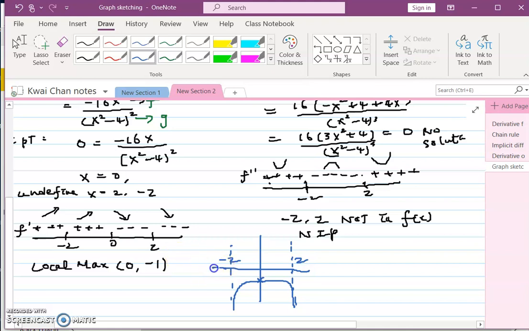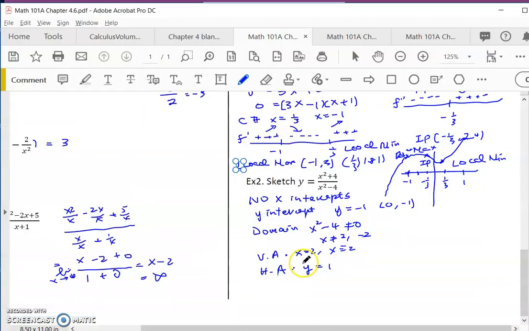And then there is an asymptote of what? 1, right? So the horizontal asymptote of 1. So that means it's going up this way. And then this is concave up, so it cannot be down. So it will be going this way. Okay, so you can do some points. Oh, it's not very good here. So this is the graph. Okay, the point 0, -1 is one local max, no inflection point, 2 vertical asymptotes, and 1 horizontal asymptote of y equal to 1. Right, so that's our graph.